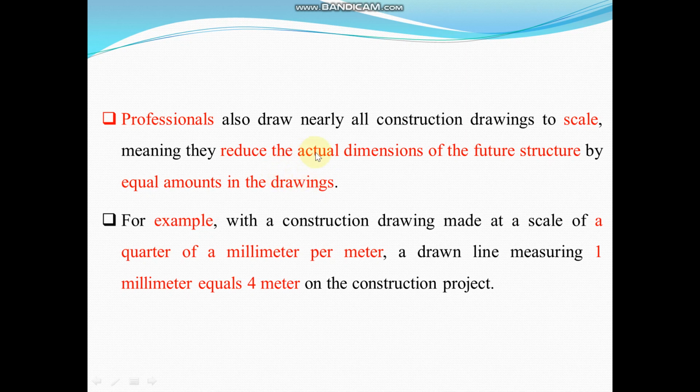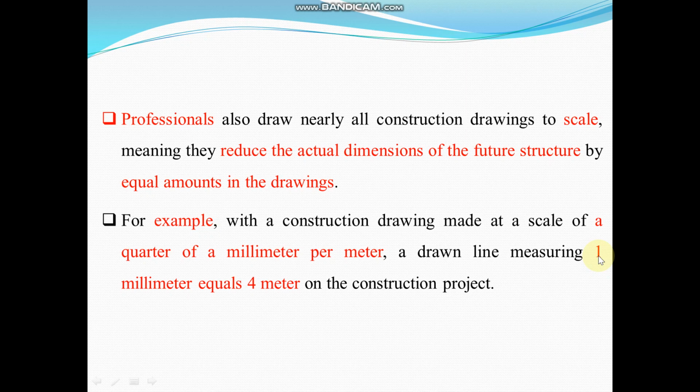For example, with a construction drawing made at a scale of 1 to 4, 1 millimeter on paper equals 4 meters on the ground in the construction project.